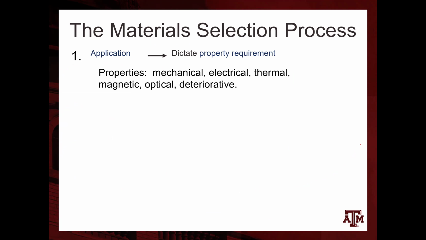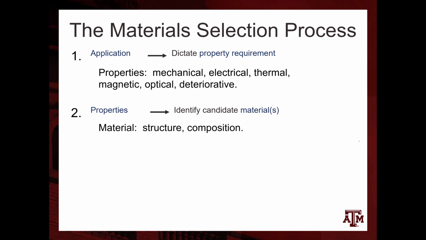So the selection process for engineers would be that we have an application in mind and that will require specific properties. So we might need to improve the thermomechanical properties or the magnetic properties or the electrical properties. And for that, we have to look at specific structure and composition that would optimize those properties.